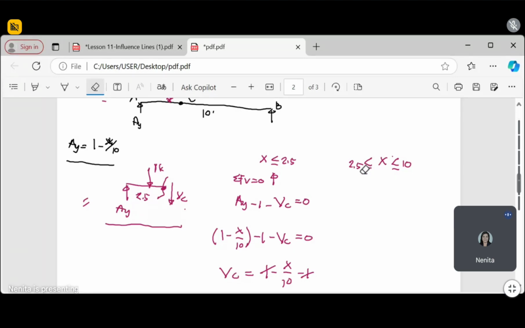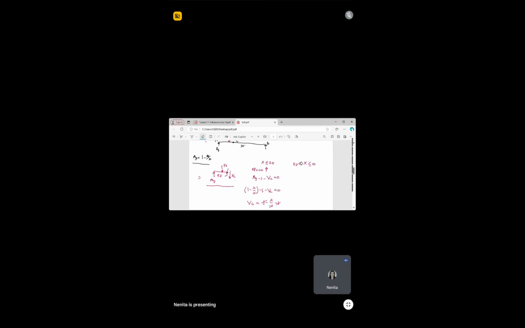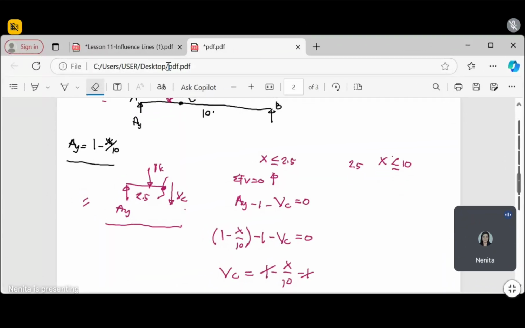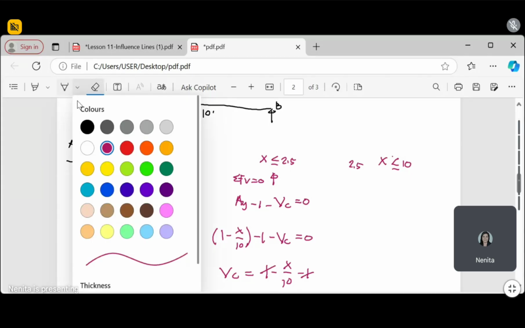Greater na siya. Hindi siya pwedeng magkaroon. Kaya, class, greater than 2.5. Okay, class.